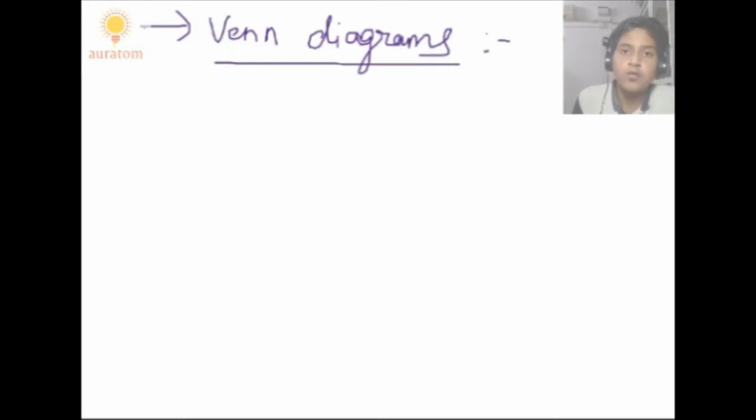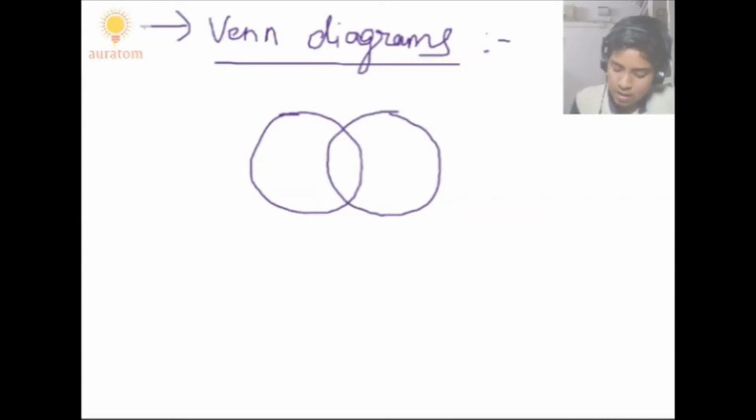What we do in Venn diagrams is we represent a set with a circle, and because we define operations on two or more sets, we draw another circle with this overlap here, and this overlap is used for representing common elements, non-common elements, and everything else. So let's take the examples.